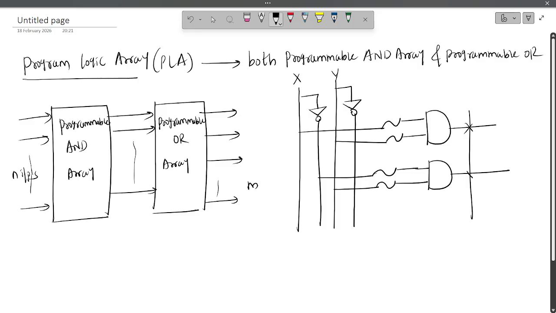Both are programmable. The OR gate is also programmed.